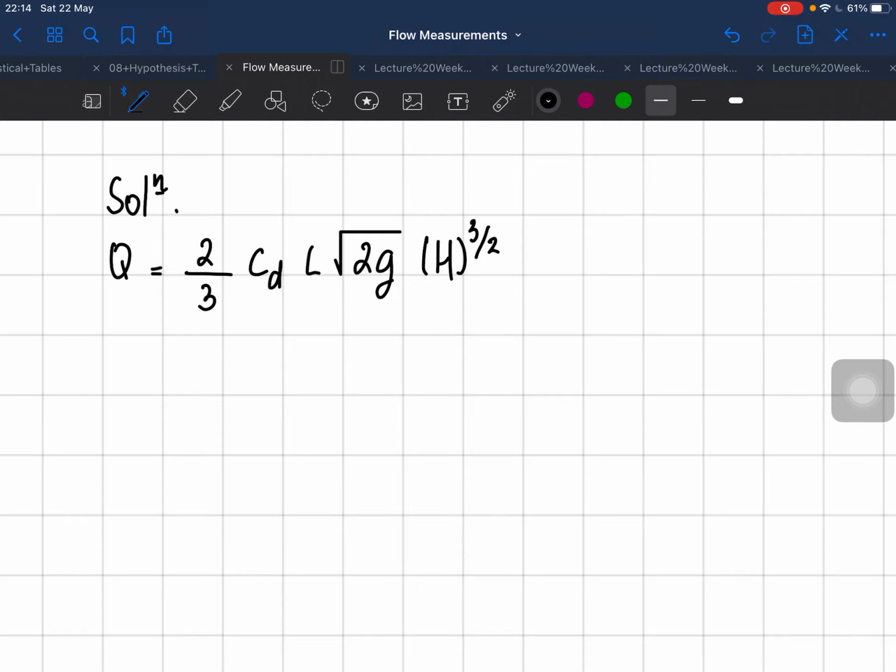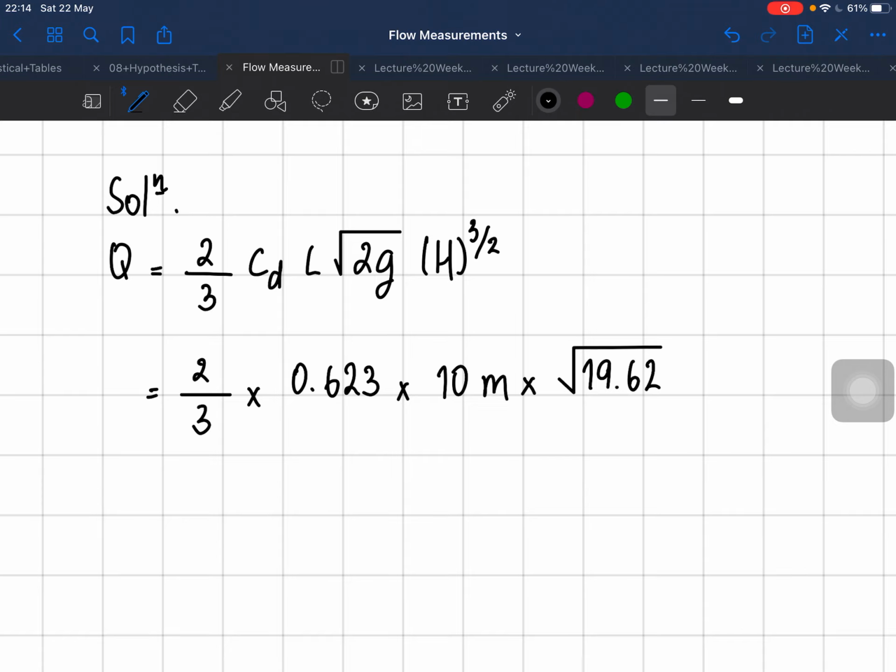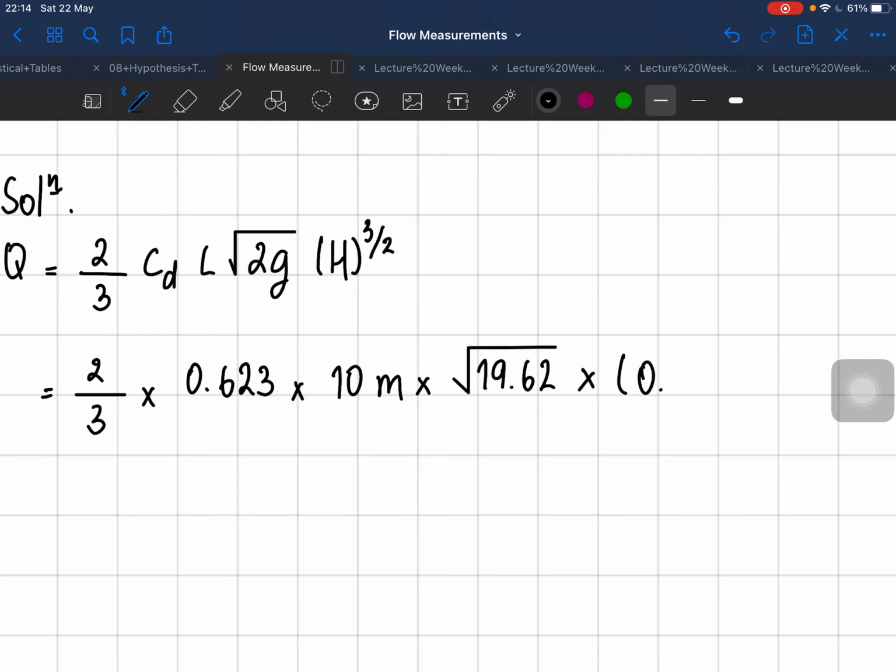It's going to be 2 over 3 times 0.623 times the length here, which is 10 meters, times the square root of 19.62 times H, which is 0.4, to the power of 3 over 2.